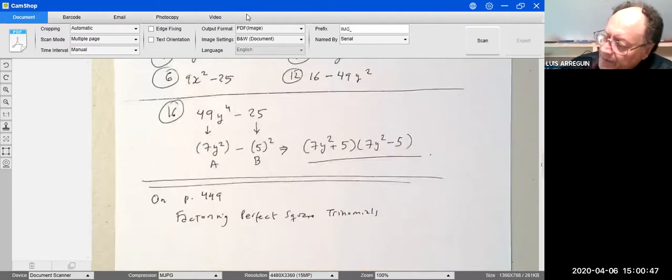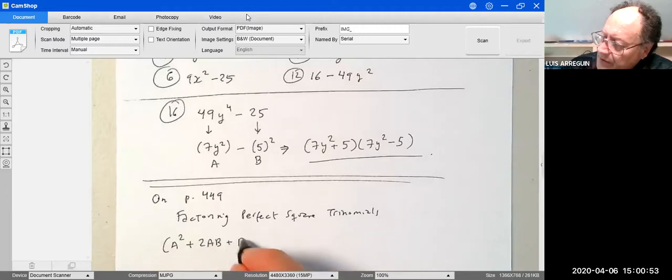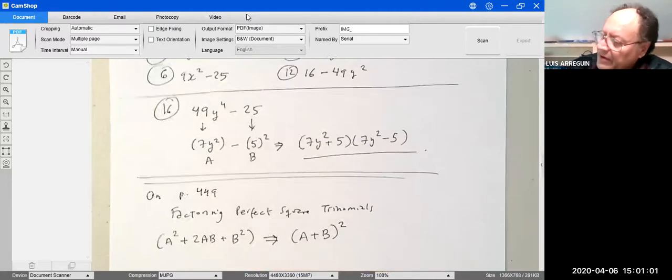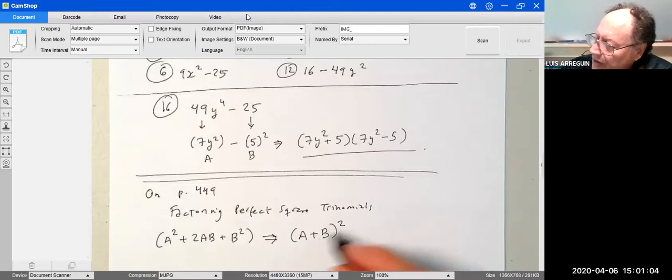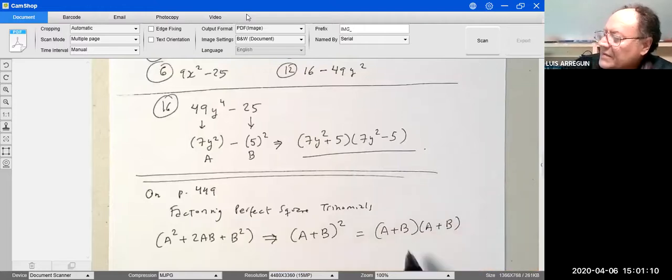So now we're going to have something like this: a squared plus 2ab plus b squared, and you're going to get from this expression something like a plus b squared. That's going to be the way to factor. This is also equivalent to a plus b times a plus b. So this time you are not multiplying conjugates, you are multiplying the same binomial by itself.